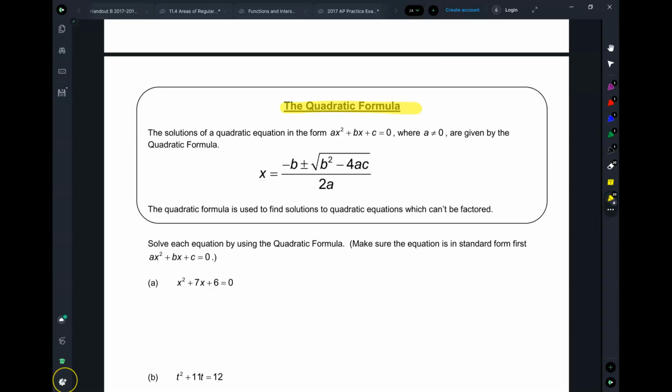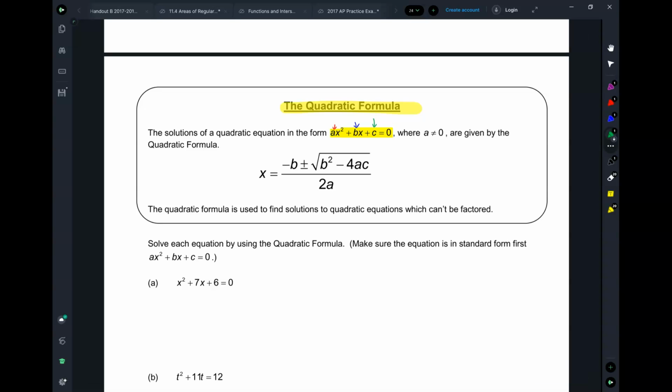Yeah. When you have a quadratic equation that looks like this, the coefficients are given labels A, B, and C. So A is the coefficient of the x squared term. B is the coefficient of the x. C is the one that's a constant. It has no variable. Okay?